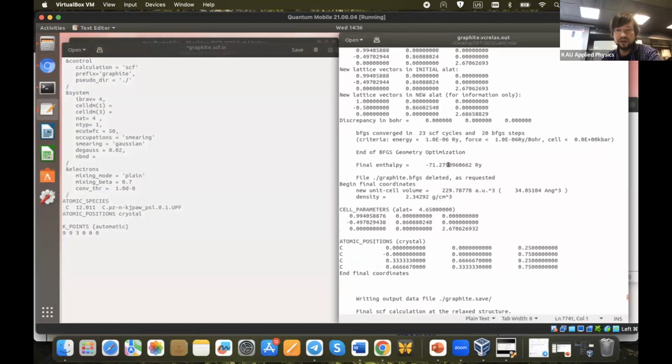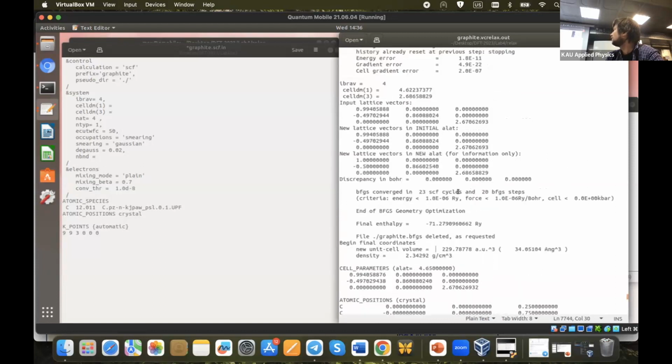So new energy was like minus 71, 27, 90. You see some information, 2.34 gram per volume. It's like density, and you should get new cell DM here. So slightly above begin final coordinates, you can get CDM 1 and 3 for the last structure.